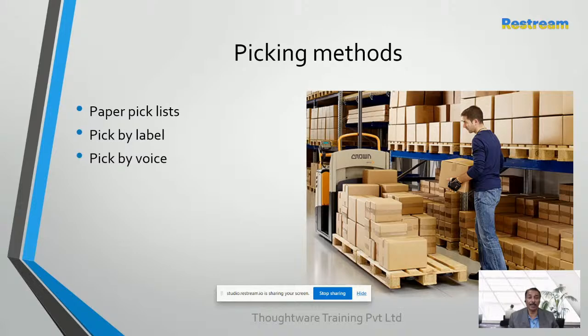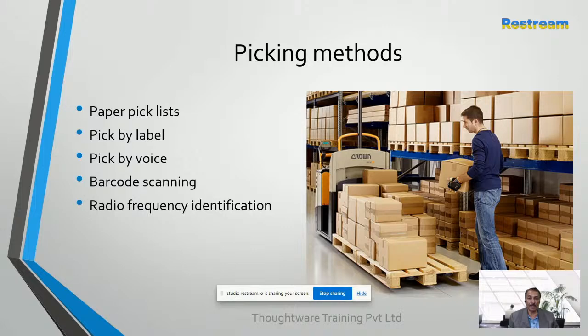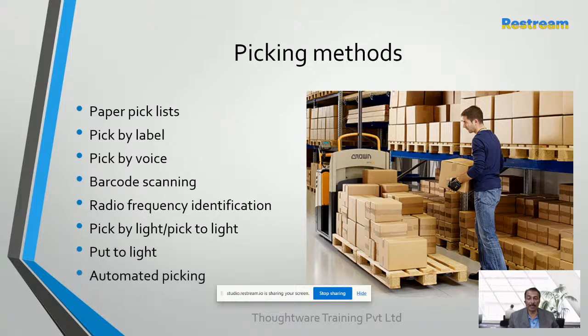In fact, as you go down this list of methods, the accuracy and productivity are expected to improve. And then comes barcode scanning and radio frequency identification. All these are data capture devices, the barcode and RFID. Finally, you have other picking methods like pick by light or pick to light, and put to light, which is a replenishment method.